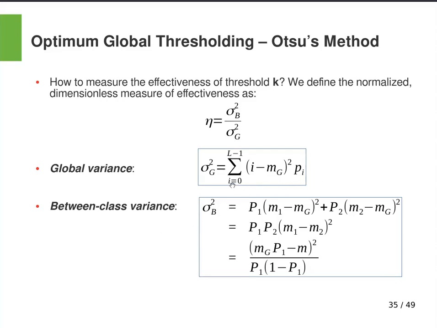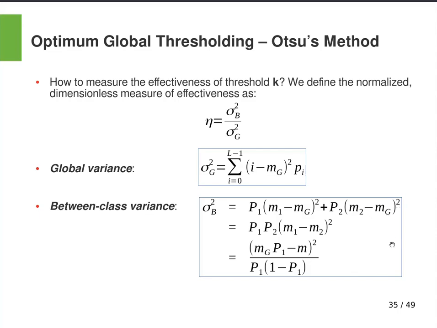You calculate the summation of the intensity minus the average intensity of the whole image, squared, multiplied by the probability of that intensity. As for the between class variance, since you have two classes, you do this summation for each one of these classes and then sum them together. So we have P1 multiplied by (M1 minus Mg) squared plus P2 multiplied by (M2 minus Mg) squared.